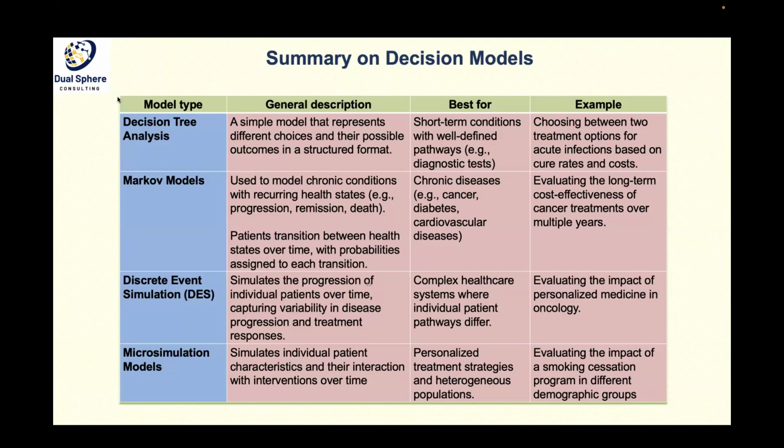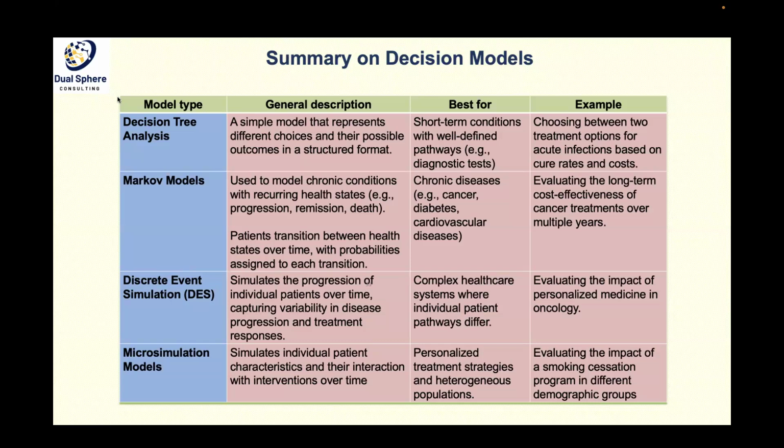Decision tree when the condition is short term with a well-defined unidirectional pathway. Markov when the disease is chronic. Discrete event simulation when you have a complex healthcare system and individual patient pathways and reactions differ. Micro simulation when you have personalized treatment strategies and a heterogeneous population, and you want to cater to heterogeneity. Micro simulation is the one to go for.